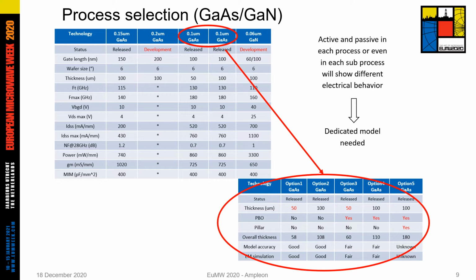It means that we cannot use the model developed for option 1, for example, for option 2 or option 3. Each of them requires a dedicated model and dedicated EM simulation environment for the development.